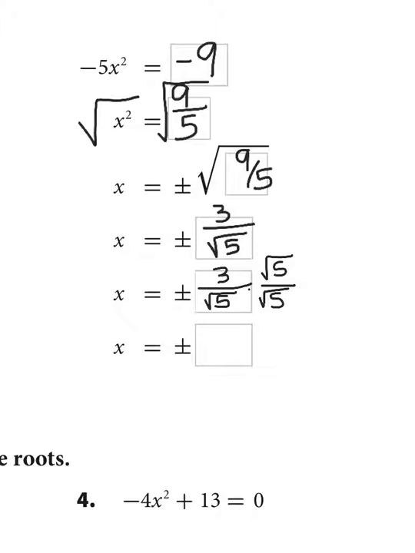And simplifying, in the numerator I get 3 times the square root of 5, and in the denominator I get the square root of 5 times the square root of 5, which is the square root of 25, which just simplifies to 5. I'm going to write that step off to the side here, so you can see where that denominator came from.